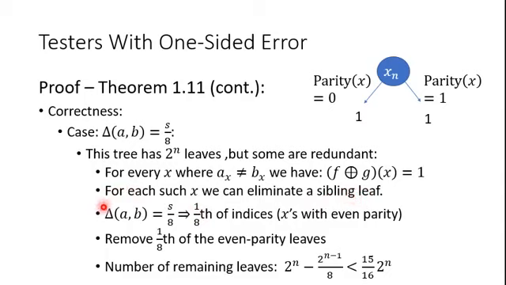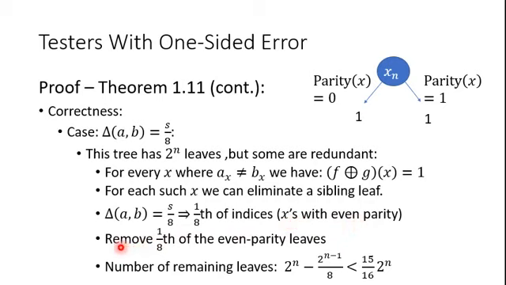So how many of these cases do we have? The Hamming distance between a and b equals s divided by 8. That means that 1/8 of the indices, remember that x for even parity maps to 1 through s, these are the indices, so 1/8 of these indices is actually causing this redundancy. And that is exactly 1/8 of the x's that have even parity.